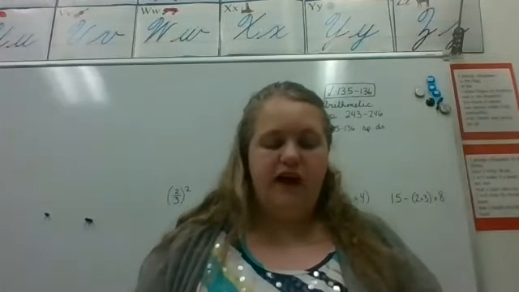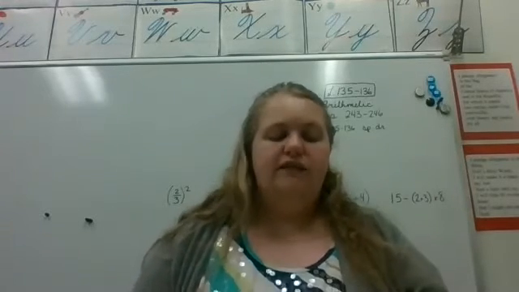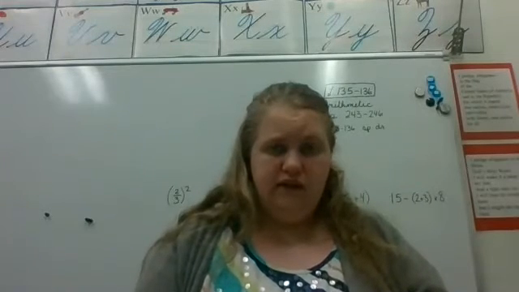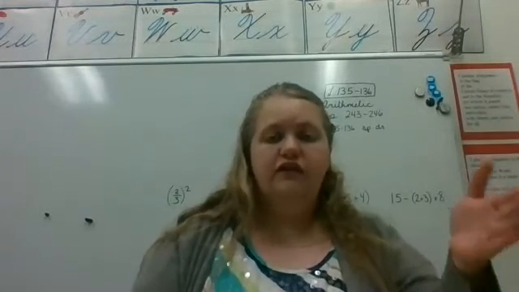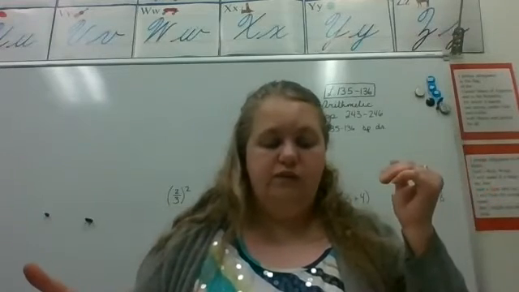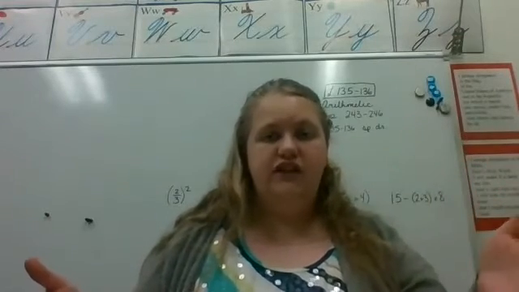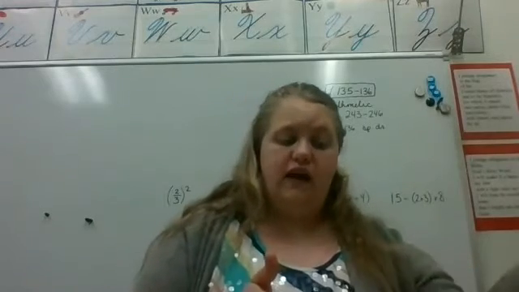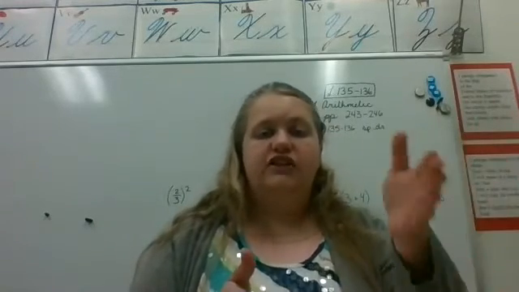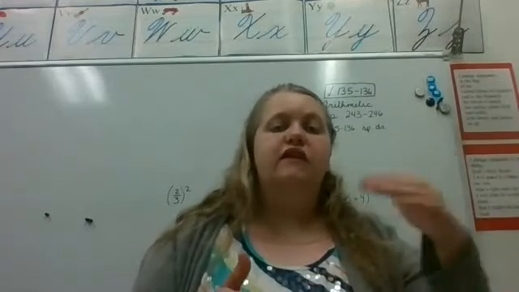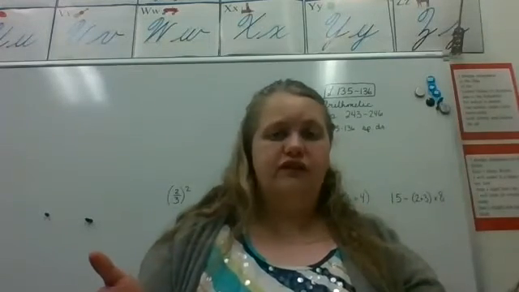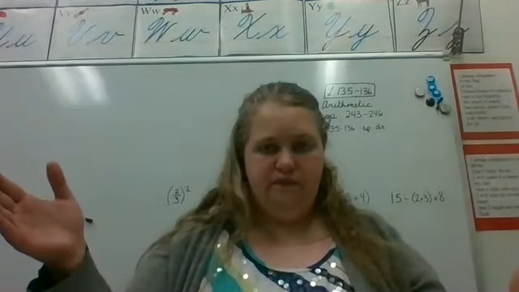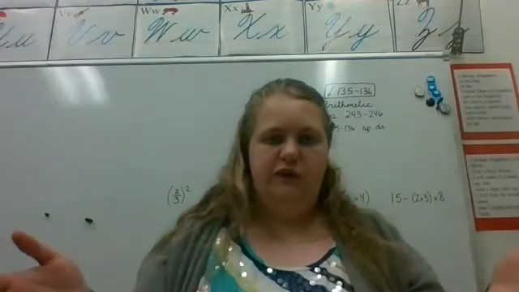So we simplify within parentheses first, and then we simplify our powers, and then we start from left to right, and we do multiplication and division in the order that they come from left to right. And then we go back and we do addition and subtraction in the order that they come. So if there's a division that comes before a multiplication, you do that one first, and then you do your multiplication, and then any other division or multiplication in that.